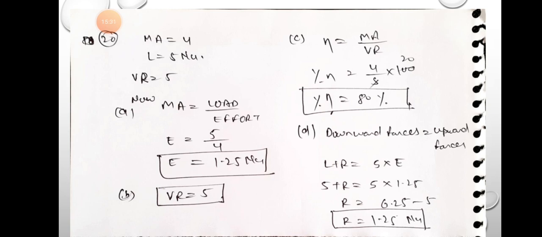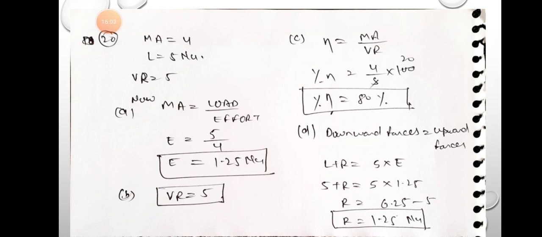So now we can calculate effort is equal to load upon mechanical advantage. We can simply take effort to the other side and bring MA in the denominator. So effort will be equal to load upon MA, and since the value of load is 5 and MA is 4, your effort will be 1.25 Newton.